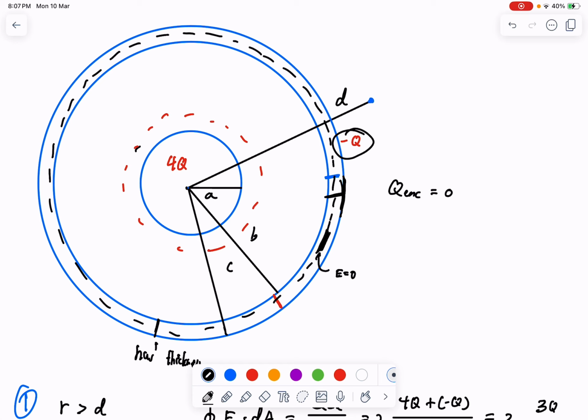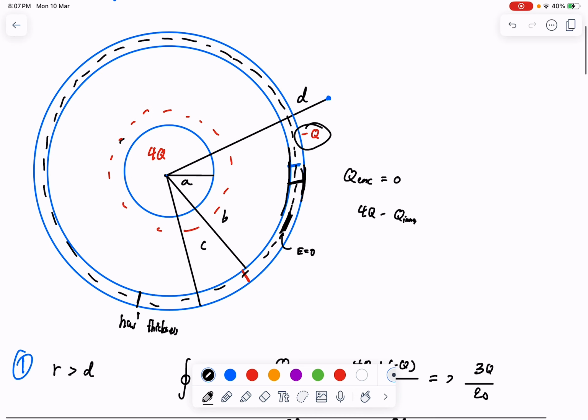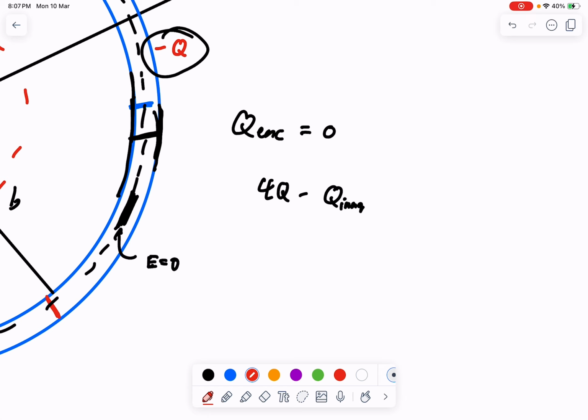However, I'm already enclosing 4Q. So 4Q plus Q inner, basically this spot right here, this entire circle, must equal 0.